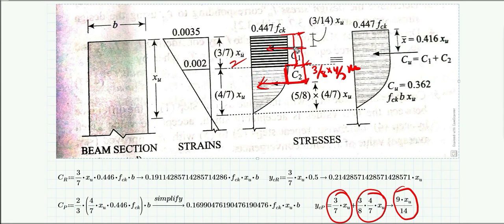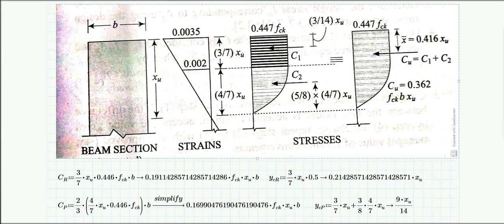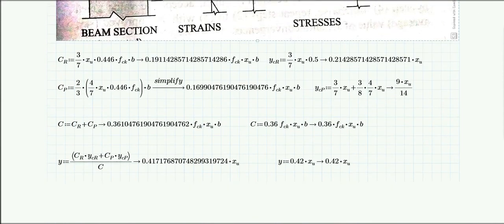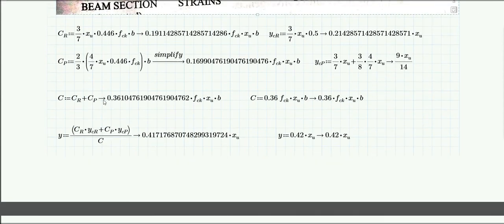Also we have already found out the depth of C1 from the top fiber. Now let's see what the total compressive force is. Just add C1 or CR plus CP, which is going to give you 0.36 FCK, right?